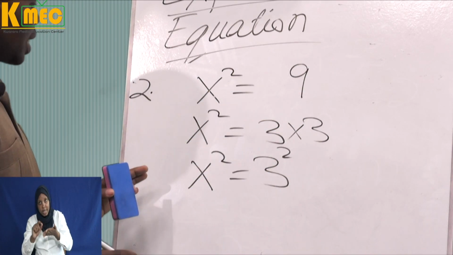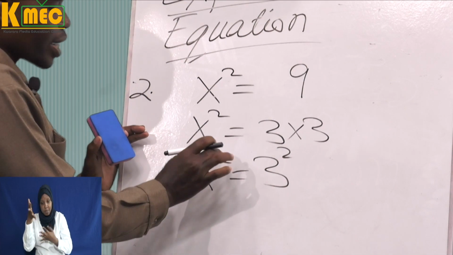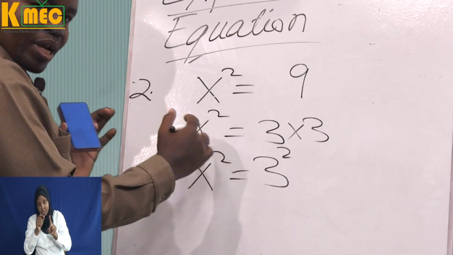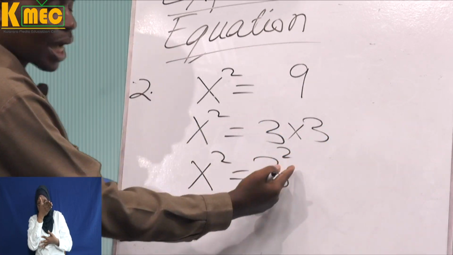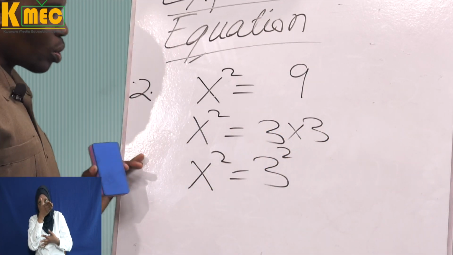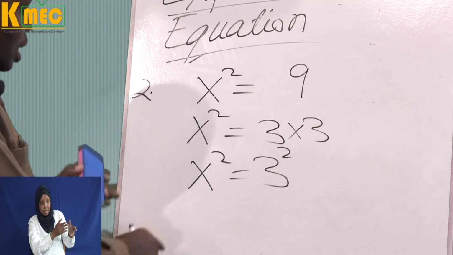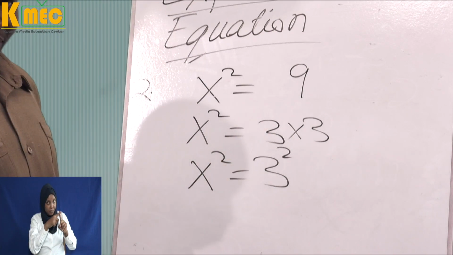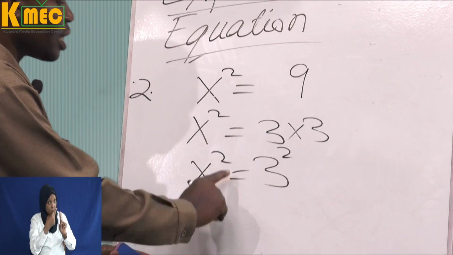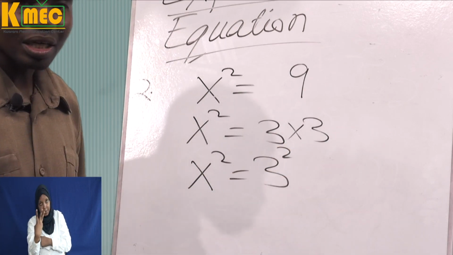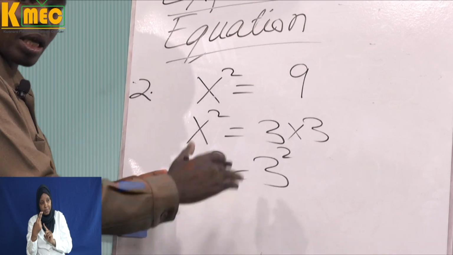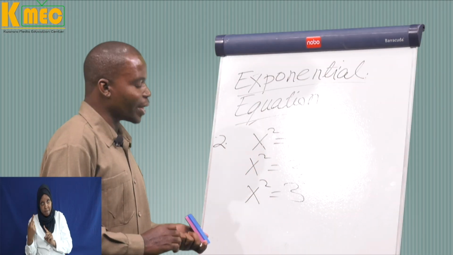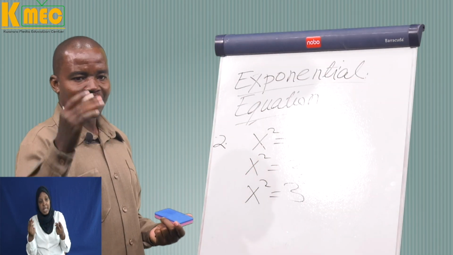We can see our exponent is 2 on the left hand side, and our exponent on the right hand side is also 2. So it's well and good, our exponents are equal. x squared is equal to 3 squared. So if exponents are equal, the base also should be equal.